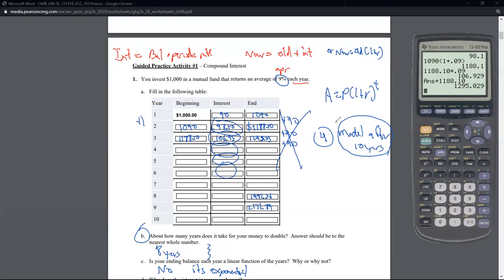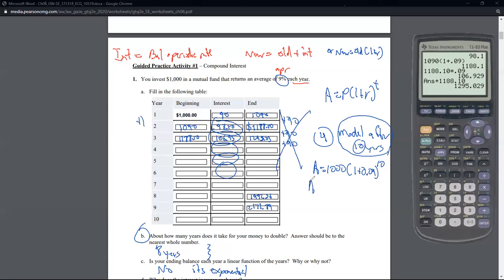I could just go straight to year 10. So the principal is the starting value, which is 1,000. So A equals 1,000 times 1 plus the rate of 9%, which is 1 plus 0.09, raised to the t. I did say 10 years, so the exponent would be a 10.